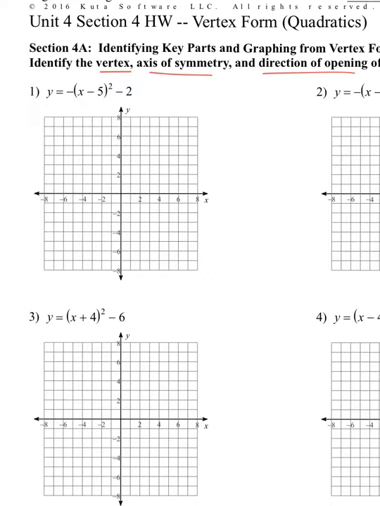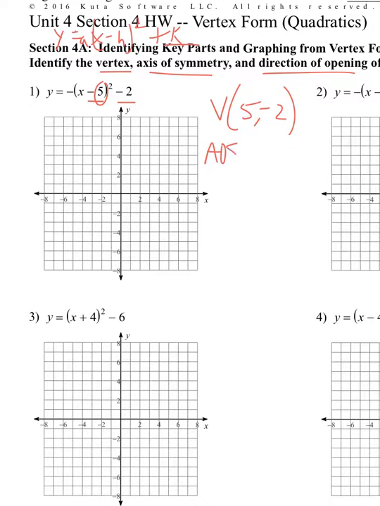So my vertex: in the formula it was y equals a times x minus h squared plus k. So we look inside here and it's whatever that number is, so it's 5 for the x value of the vertex, and then the y value of the vertex is k, whatever's after, so that's negative 2. So my vertex is at 5, negative 2.